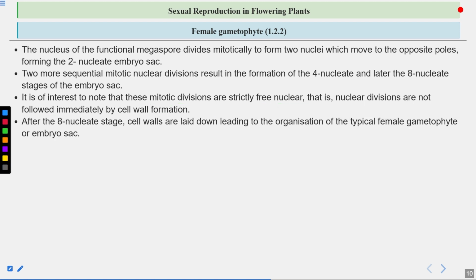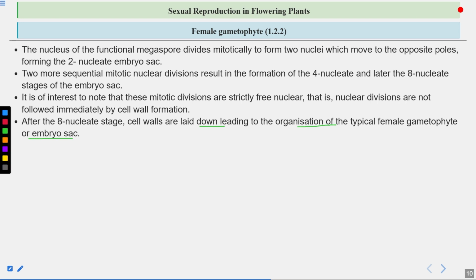After the 8-nucleate stage, the cell walls are laid down, leading to the organization of the typical female gametophyte or the embryo sac. These terms are very confusing. Once you read, you understand, but if I ask after a week, embryo sac, female gametophyte, right?